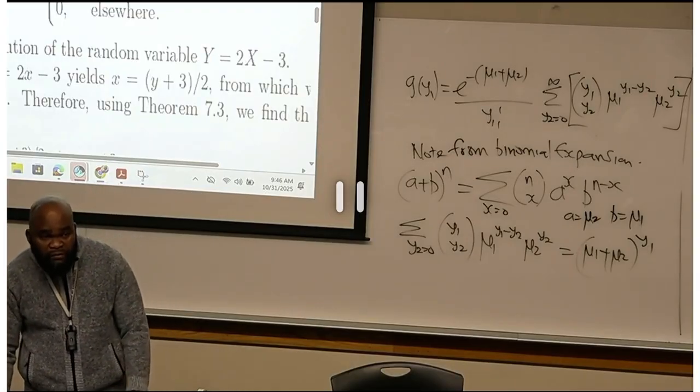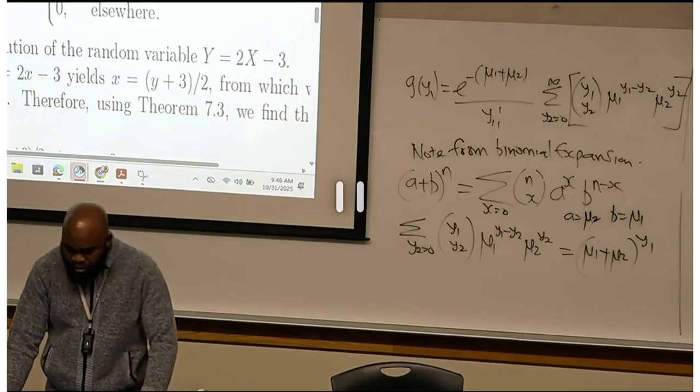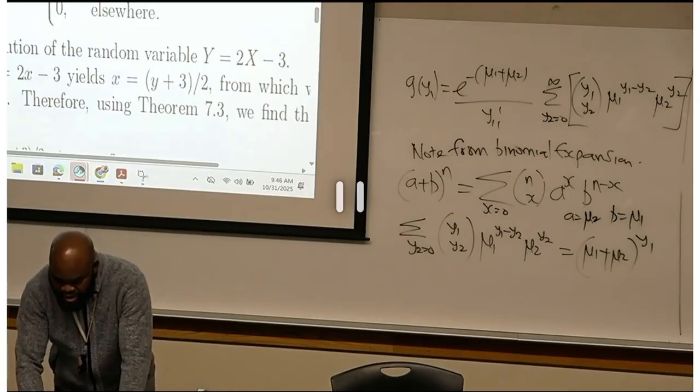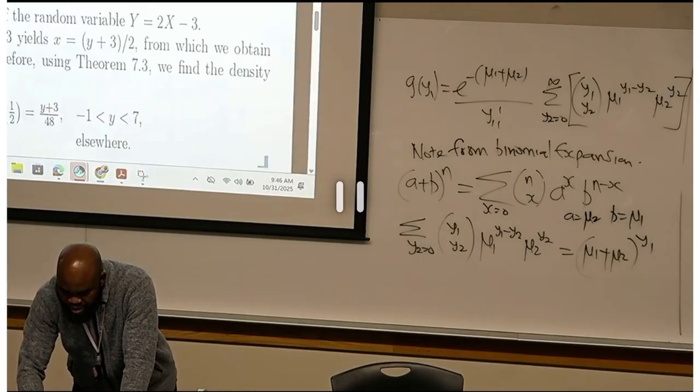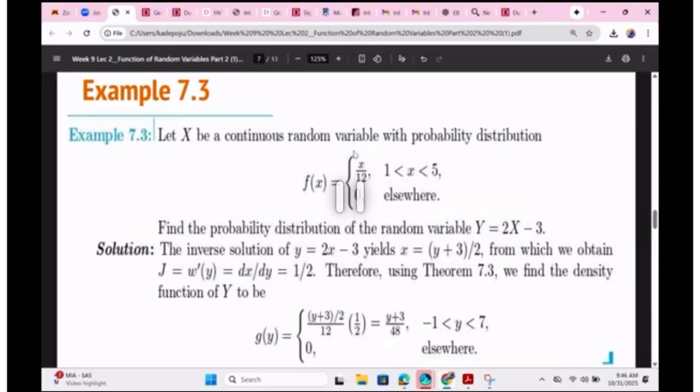Jacobian will be involved. Derivative will be involved. Now, let's take a look at this. I'm going to walk you through this before I go today. Let S be a continuous random variable with this probability distribution. Find the probability distribution of y equal to 2s minus 3. Here we're only talking about one-to-one.